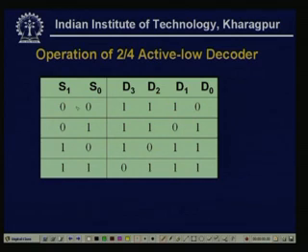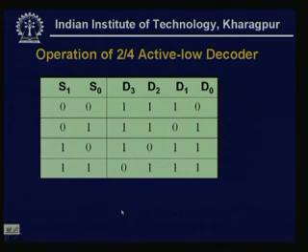That means, when S1 S0 is 0 0, only D0 will be 0 and all of D3, D2, D1 will be 1. Similarly, when S1 S0 is 0 1, only D1 will be 0, remaining 3 outputs are 1. When it is 1 0, D2 will be 0, when 1 1, then D3 will be 0, and the same thing applies.